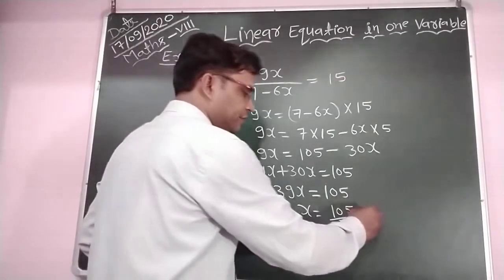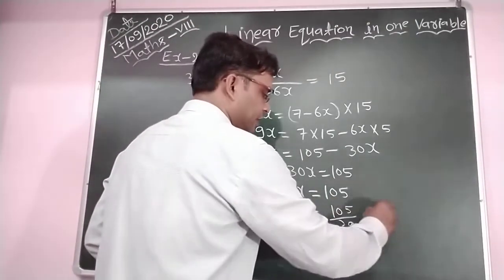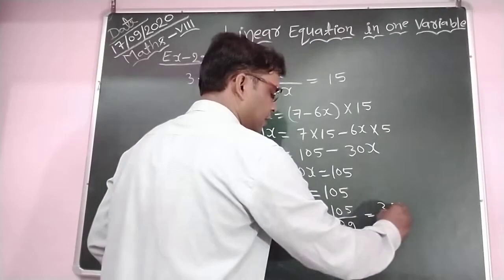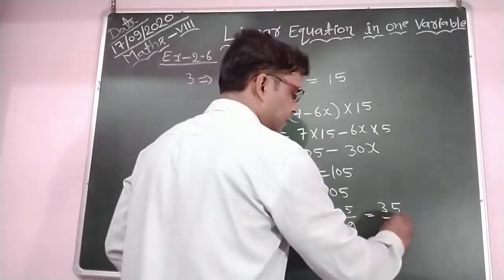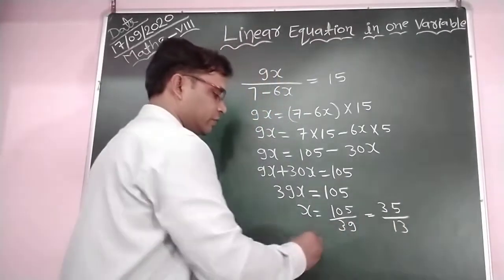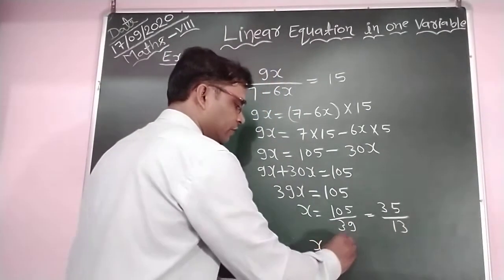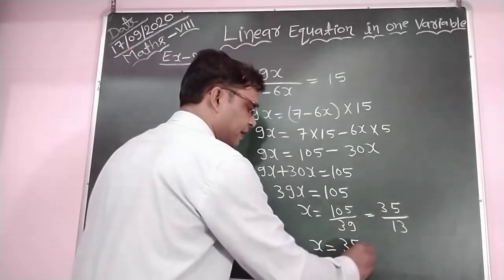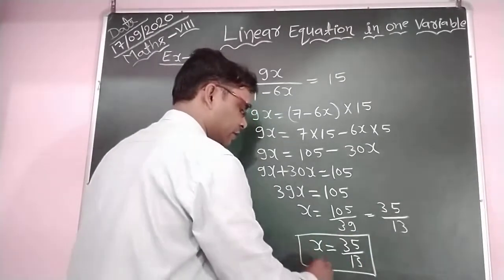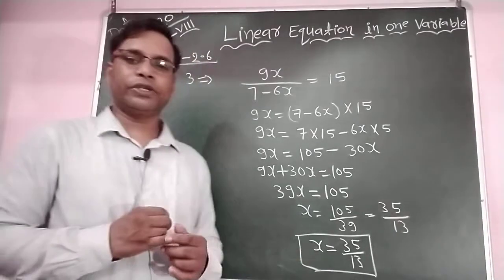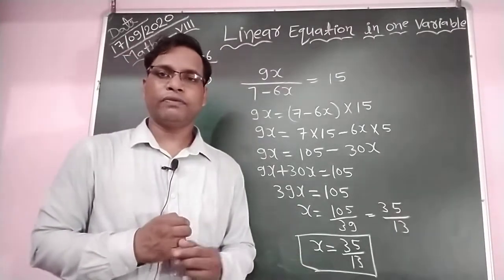So you can write here 3 3s are 9 and 3 5s are 15. 35 3s are 105 and 13 3s are 39. So you can see the value of x is equal to 35 by 13. Clear? So students, I hope all of you understood this question.